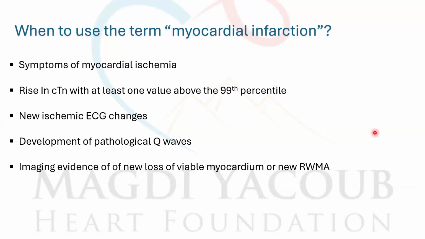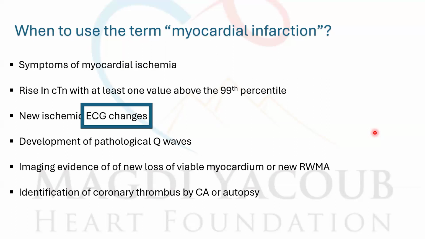We have to have imaging that supports myocardial ischemia or infarction, like new loss of viable myocardium or new regional wall motion abnormalities. And we could also identify the actual coronary thrombus by coronary angiography or autopsy post-mortem.